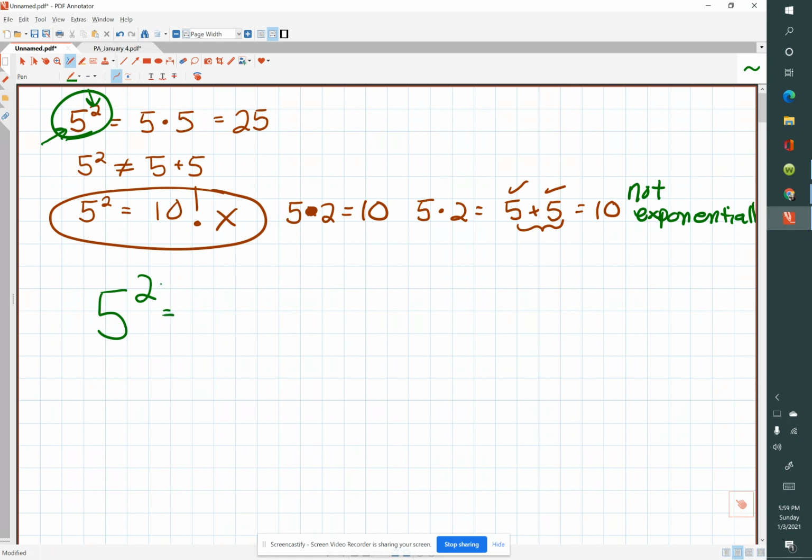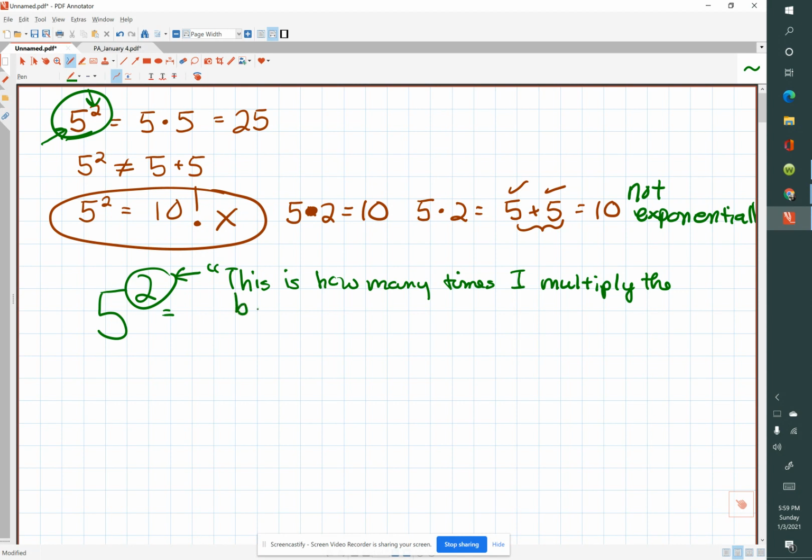The exponent says, this is how many times I multiply the base by itself.